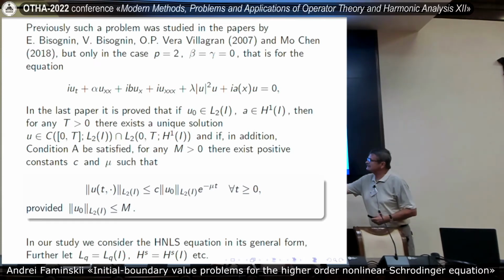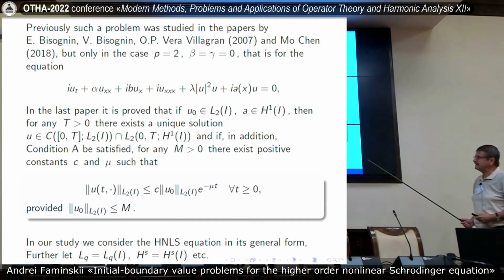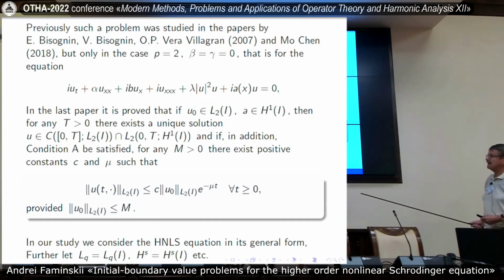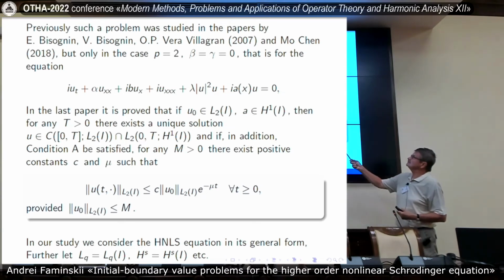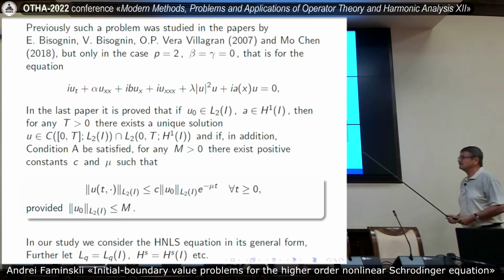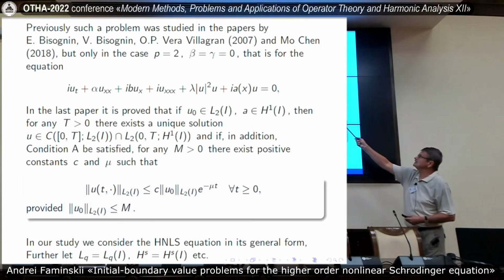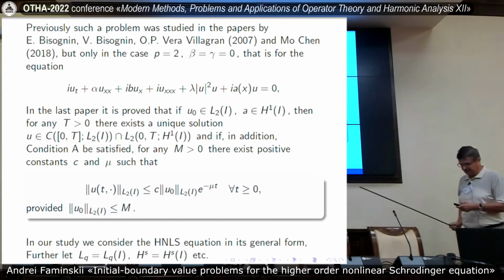The following result on large time decay was established. In our study, we consider not only the case p equal to 2, but the general form, and we consider the case when the nonlinearity also contains derivatives.